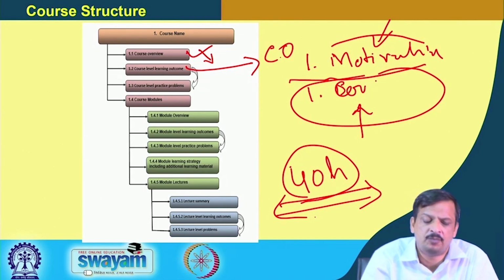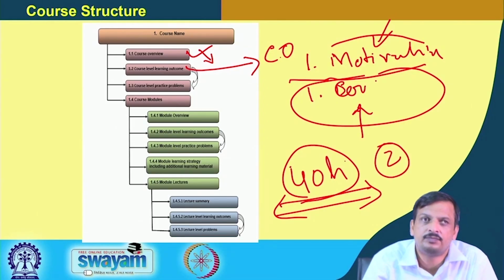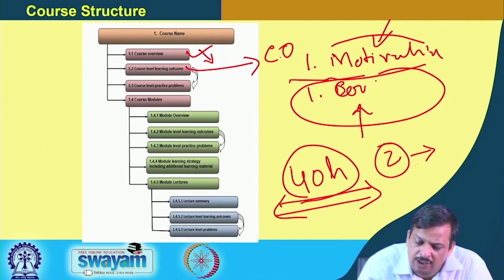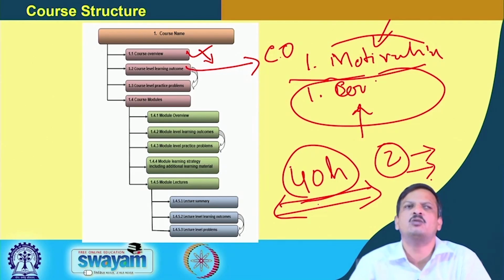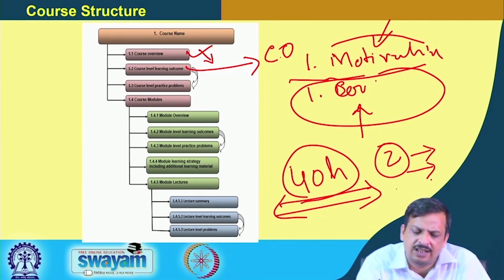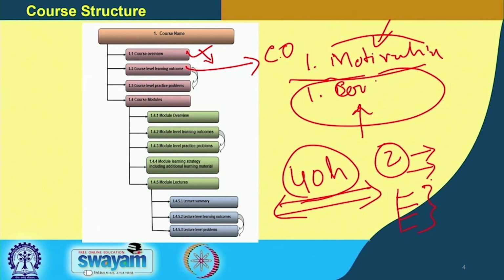If I write 2 course outcomes, then I have to think, does the development of these 2 skills require 40 hours of contact with the learner? So I have to write down the course outcomes. The number of course outcomes depends on whether those outcomes can be developed within 40 hours of contact.